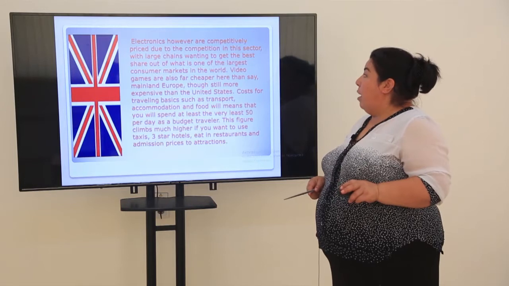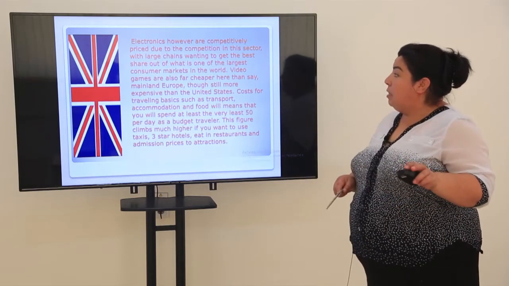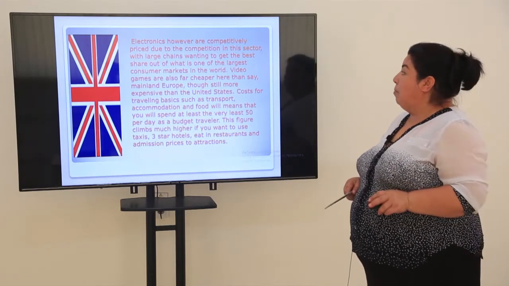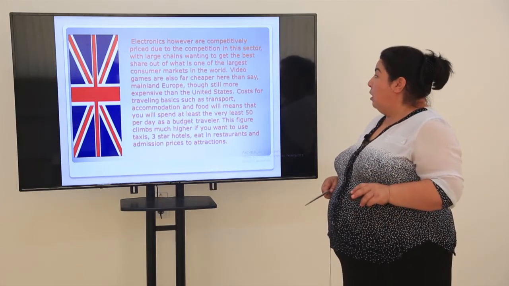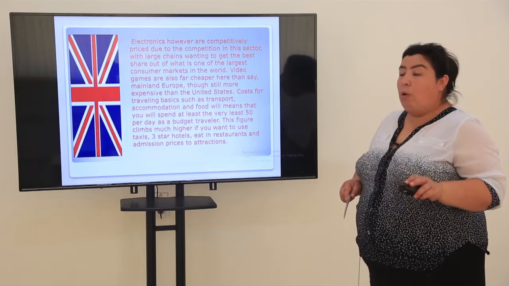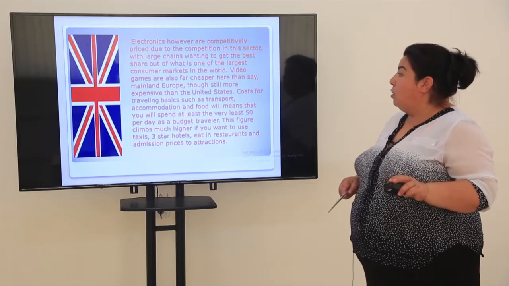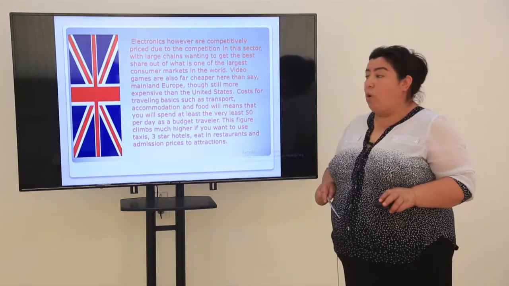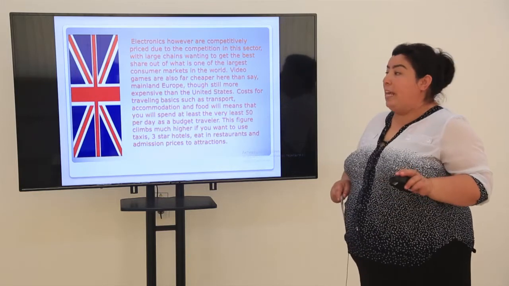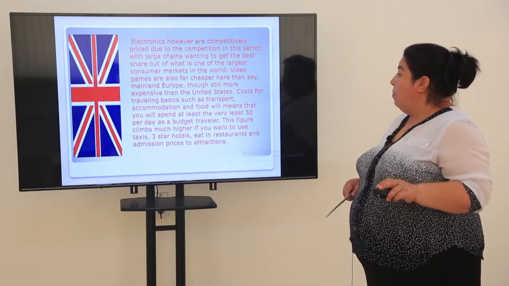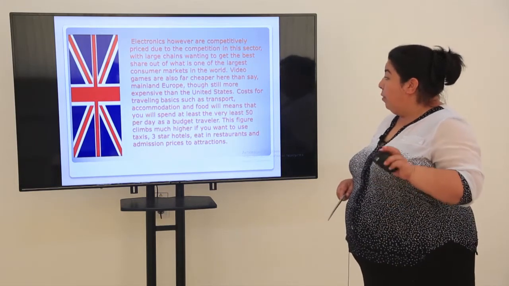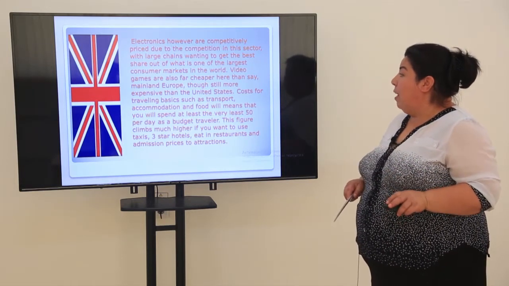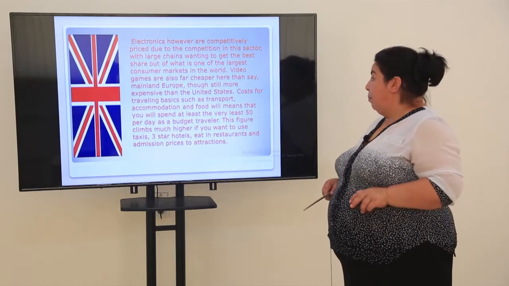Electronics, however, are competitively priced due to the competition in this sector, with large chains wanting to get the best share out of what is one of the largest consumer markets in the world. Video games are also far cheaper here than, say, mainland Europe, though still more expensive than the United States.